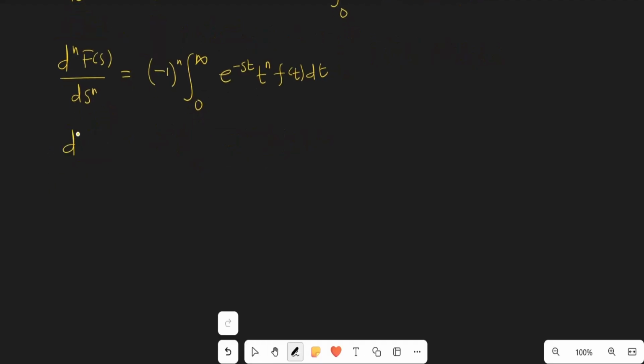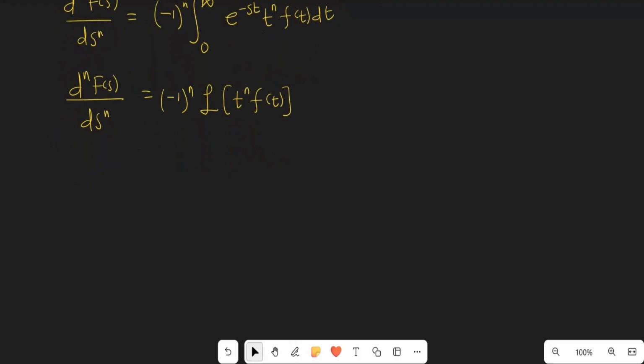So we are going to have this divided by dsn to the power n, and now this one is going to be negative 1 raised to the power n, right? And now this one is what we call the Laplace transform of t to the nth power multiplied by the function f of t, like this. We want to isolate this one, so what I have to do is to divide both sides by negative 1 raised to the power n. I'm going to do the same thing here to maintain equality.